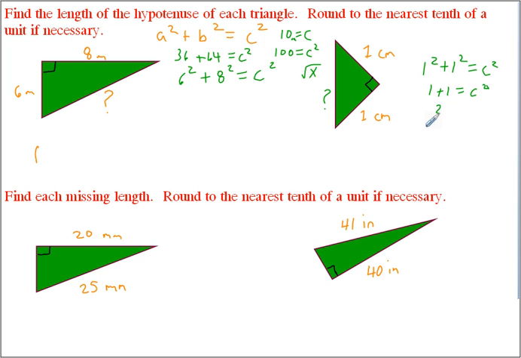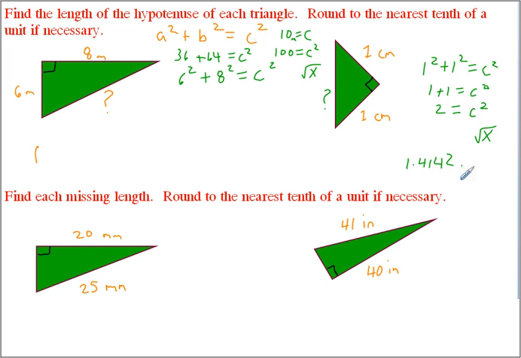It's just 2 is equal to c squared. So now is when we use that square root button, because I don't know the exact value. I know an approximate value. It's going to give us an irrational number. So I plug in 2, take the square root of it, and I end up with the following number, 1.4142.